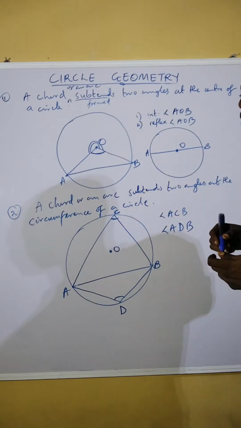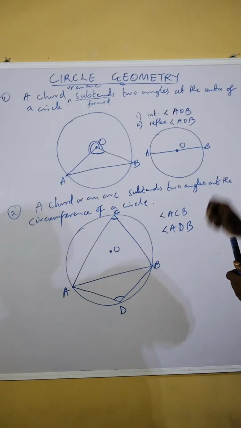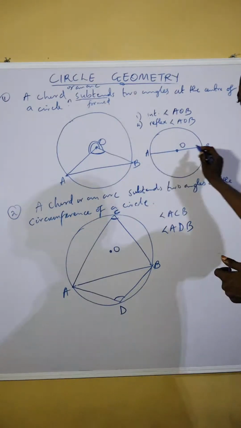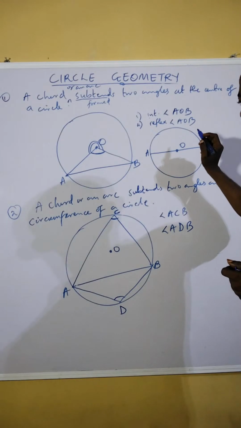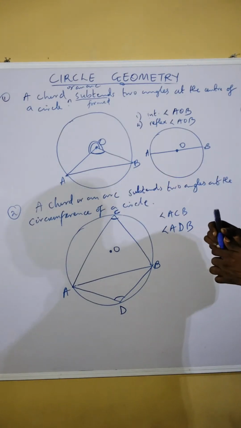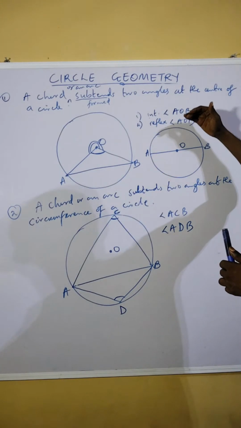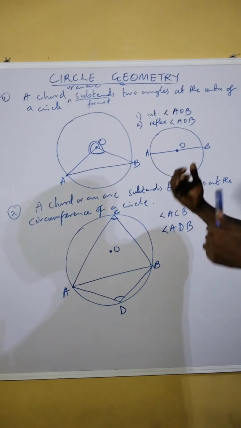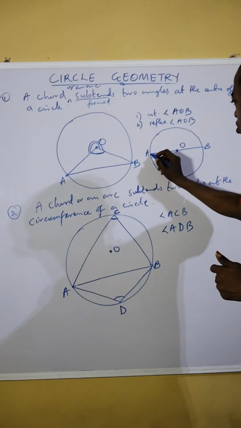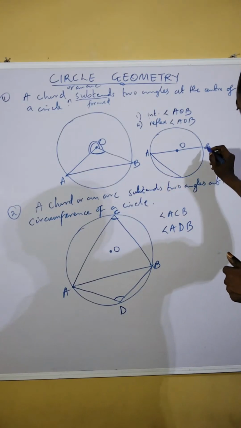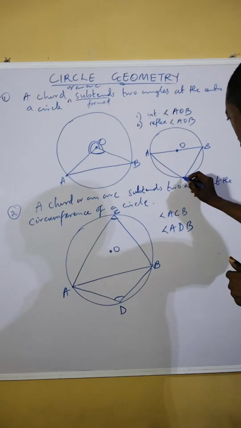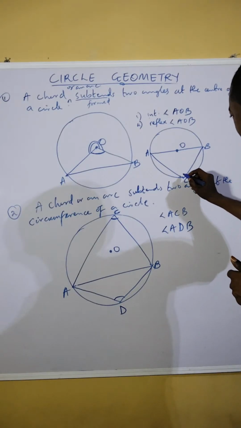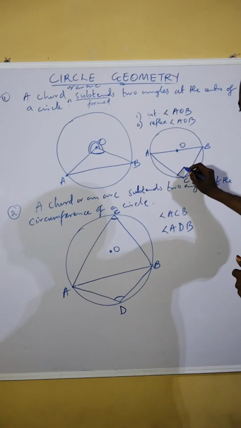Then the angle subtended by this diameter at the circumference, it might be at any side, maybe up or down, it doesn't matter. Once it is an angle formed at the circumference, when we label this as C, this angle ACB here will be a right angle.